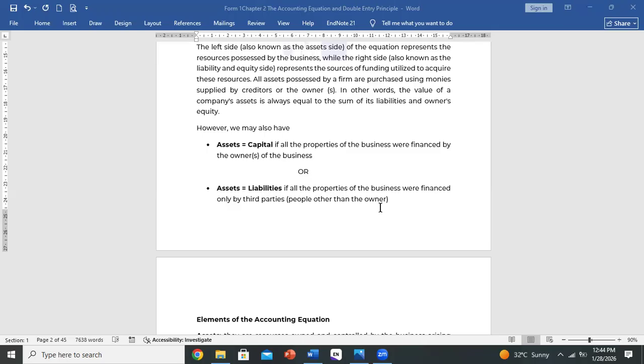In fact, all your definitions are correct, but in exams, you would have lost precious points because assets are not just resources that are owned and controlled by a business. Technically, when you get to the university, you appreciate what I'm about to say now. When you begin to look at the accounting standards, it defines assets as resources.